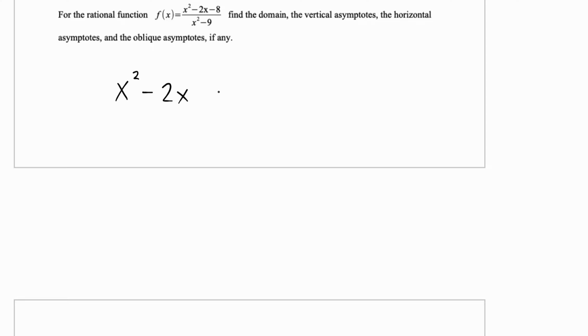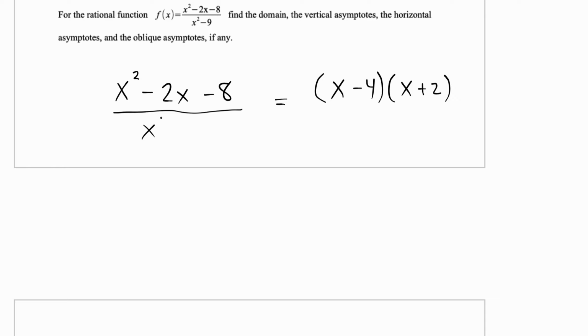So that numerator, x squared minus 2x minus 8, could be factored into x minus 4, x plus 2. And the denominator, because it is a difference of perfect squares, it could break up into x plus 3, x minus 3. So we see that there's no factors that would cancel here.